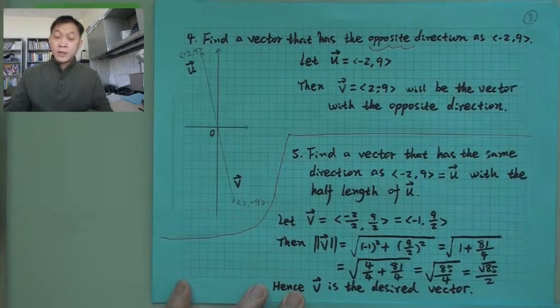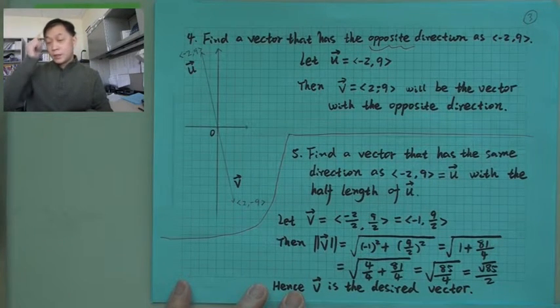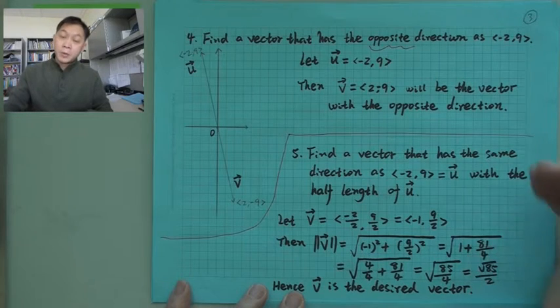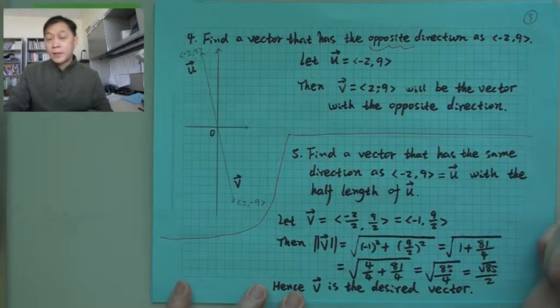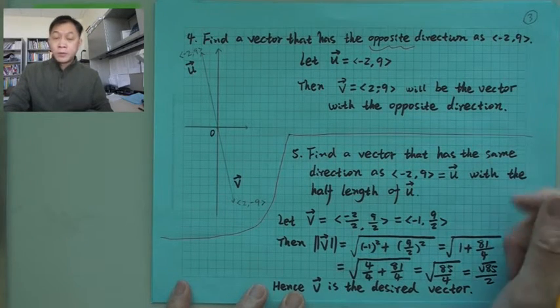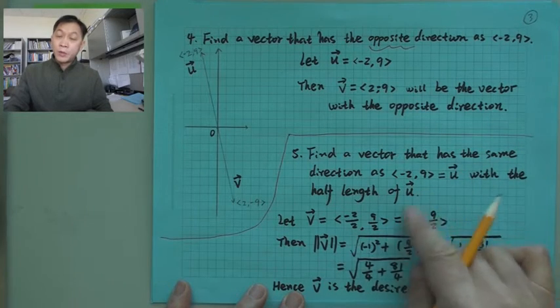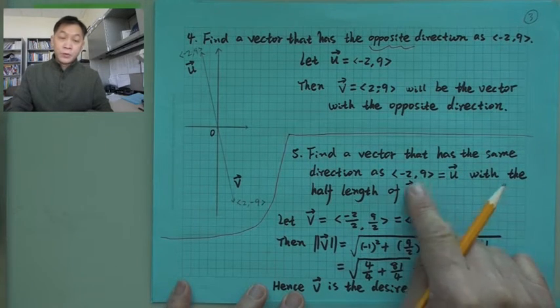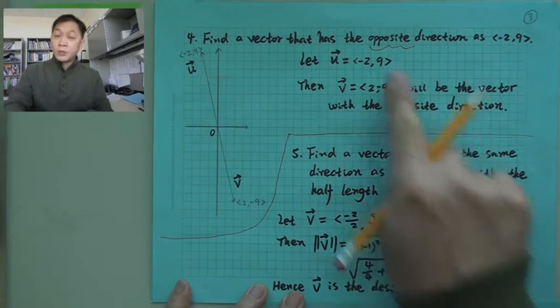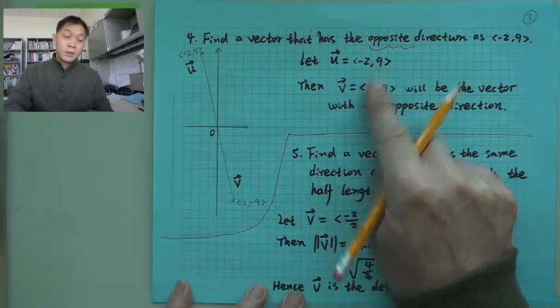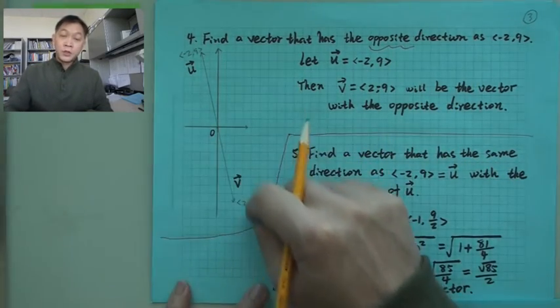You will get a vector with the same direction, but the length is doubled. So when you use a positive number, they will have the same direction. But when you use a negative number, you will have a totally opposite direction.